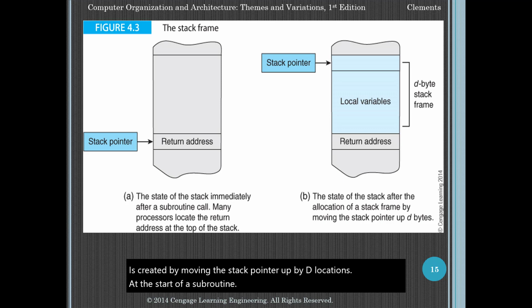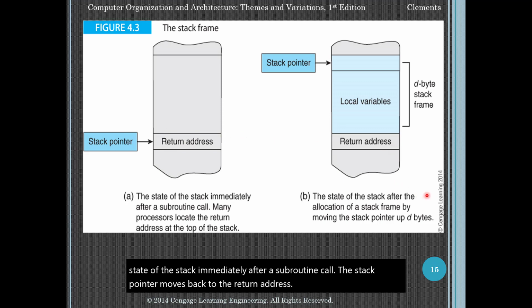And throughout this section, we'll assume that the stack pointer grows upwards, towards low addresses, and is always pointing at the item currently at the top of the stack. Some stacks point to the next free empty element above the stack, but I don't want you to have to worry about that. So we can see the state of the stack immediately after a subroutine call, the stack pointer moves back to the return address.